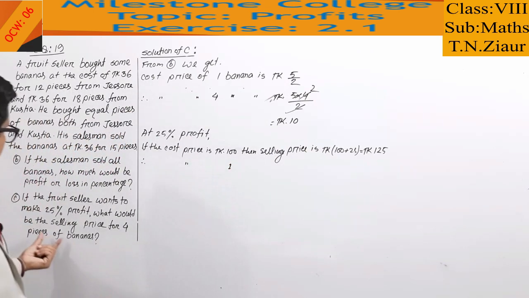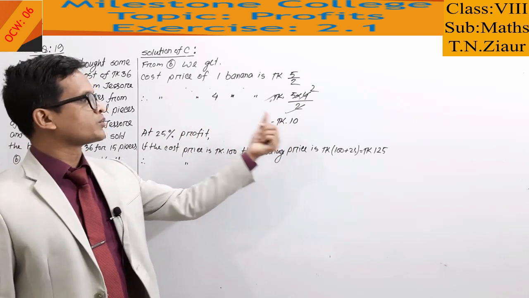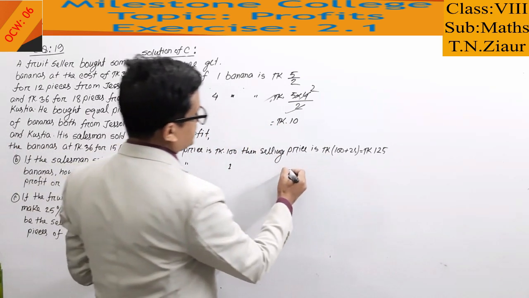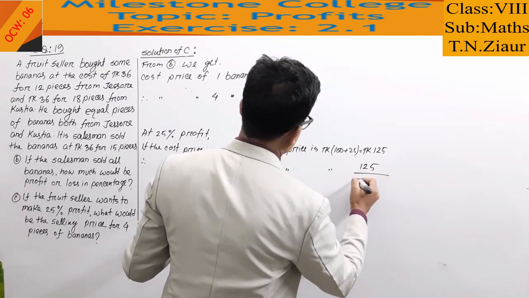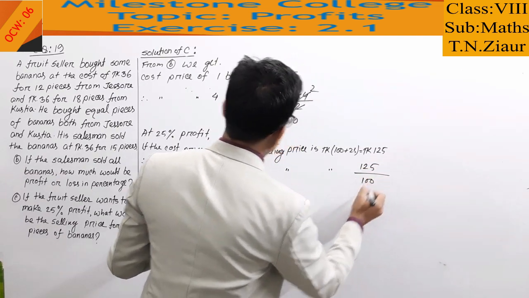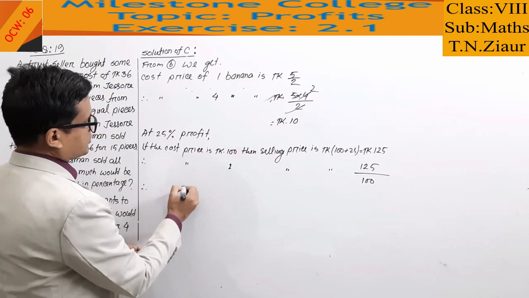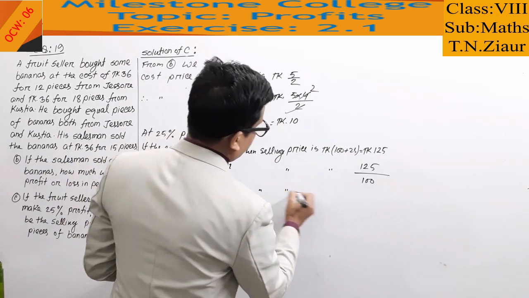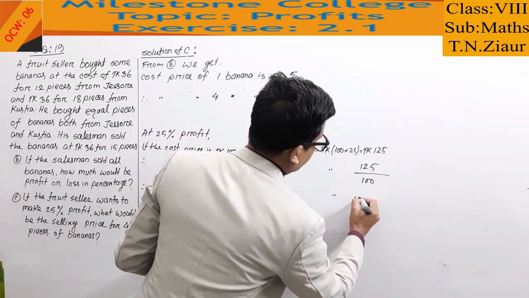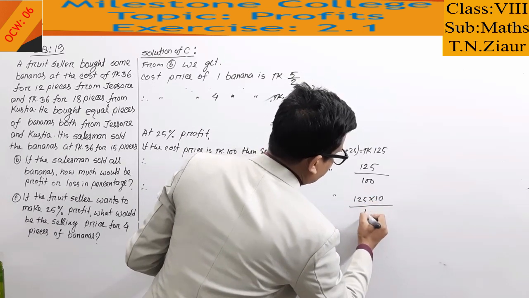So here given, what will be the selling price of 4 pieces banana? So 4 pieces bananas cost price we already have got, 10 taka. We have to find the selling price of 10 taka cost price, that means 125 into 10 by 100.